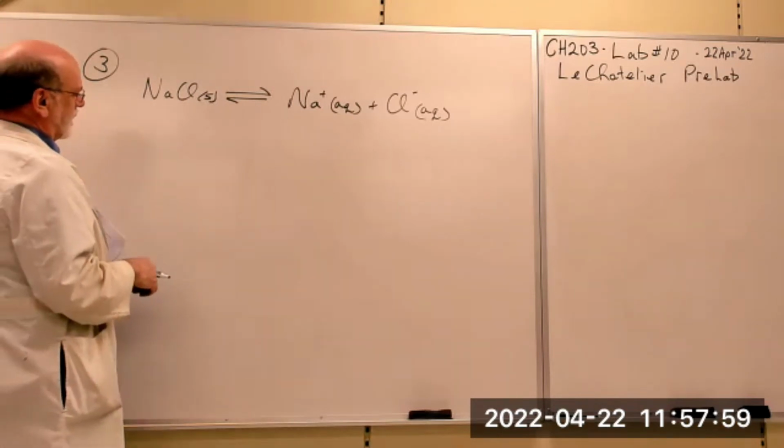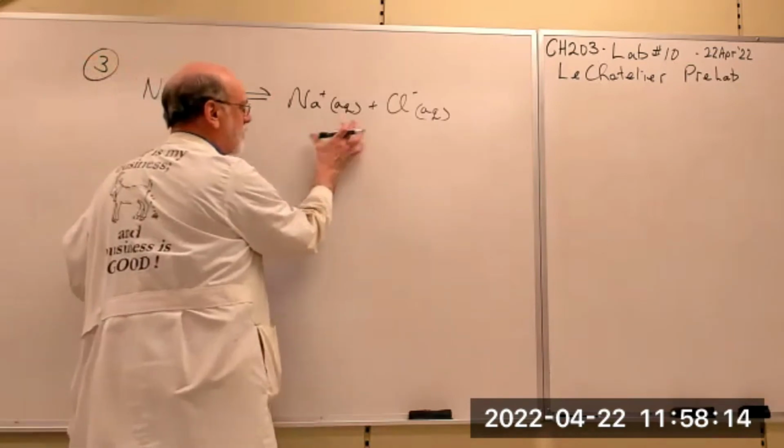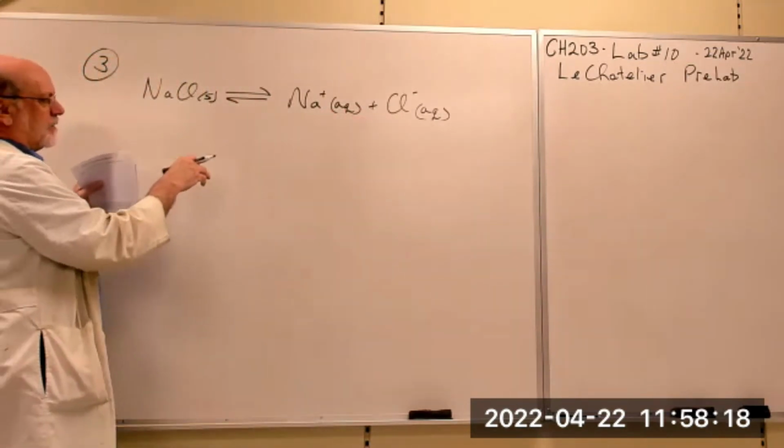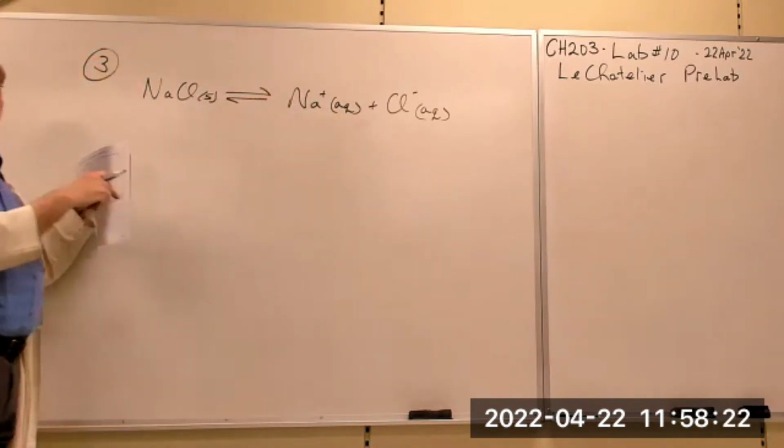Well, actually, is that the best way to write this? Yeah, that's okay. If we're at saturation, that means you can't put any more of this in solution. So what's actually happening? Well, this is dissolving, but this is coming back at the same rate.